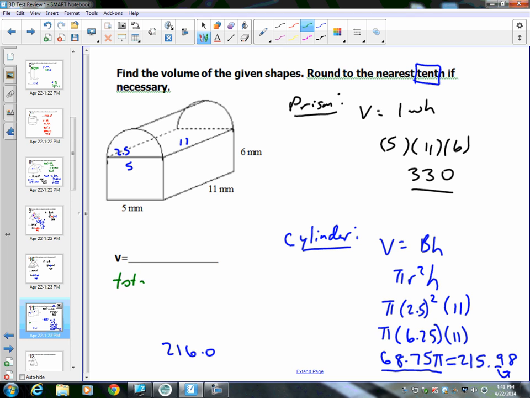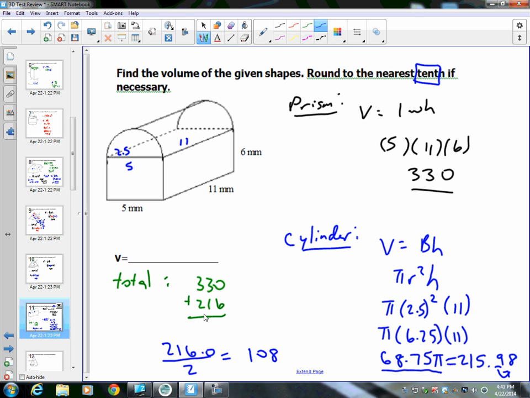So now we're going to add those two numbers together, the total volume. To find total volume, we say 330 for the prism plus 216 for the cylinder, although we missed something. This is for the whole cylinder, isn't it? We don't want the whole cylinder, though. We only want half the cylinder. So we actually need to divide this by 2. So 216 divided by 2 is 108.